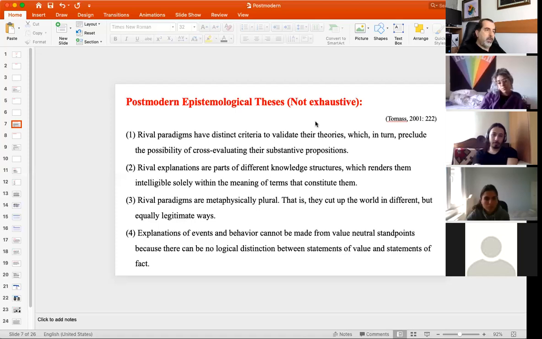So that's the famous criticism against the Humean distinction between facts and values, right? So there's no such thing as value-neutral social science or positive economics, because positive economics itself is based upon some kind of value judgments, such as human beings are rational, or they should act in a rational way, etc.